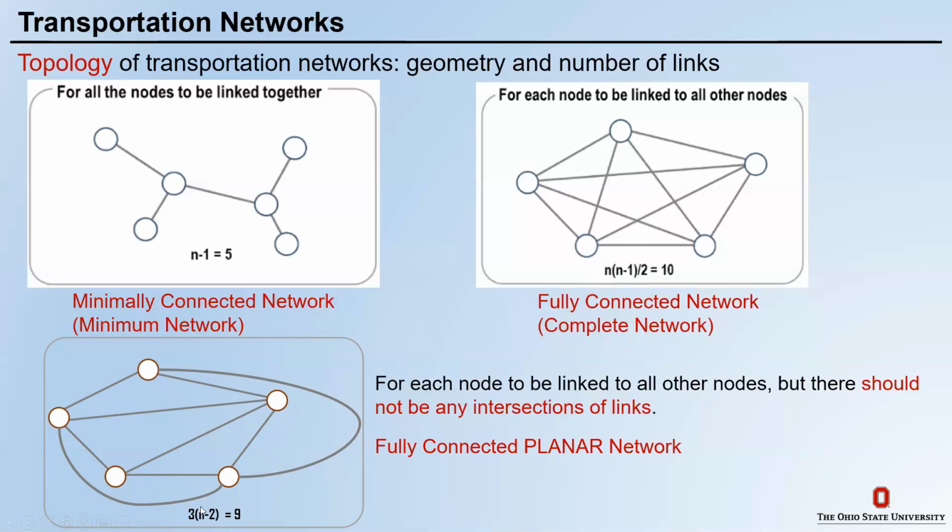So 3 multiplied by 3 equals 9. Okay, one less link compared to fully connected network, because you said that there should not be any intersections of links.